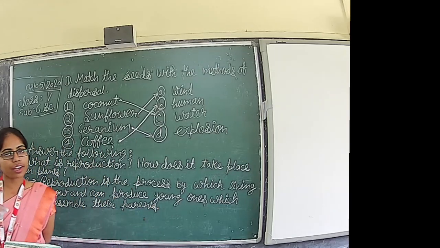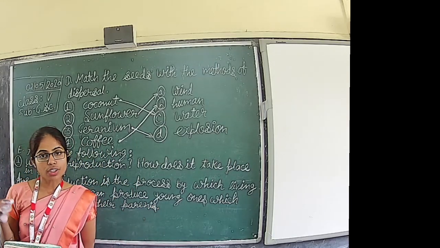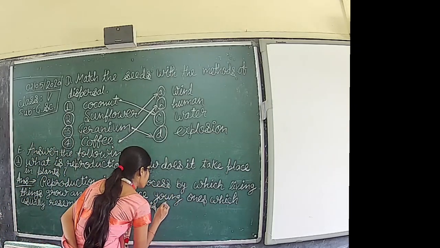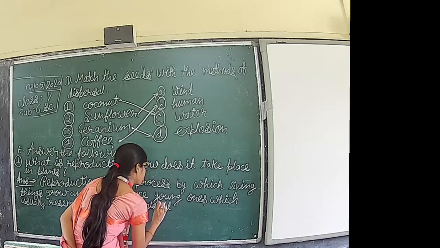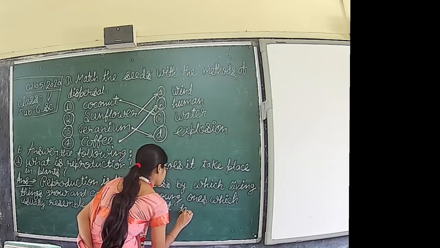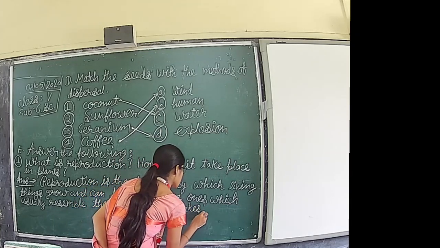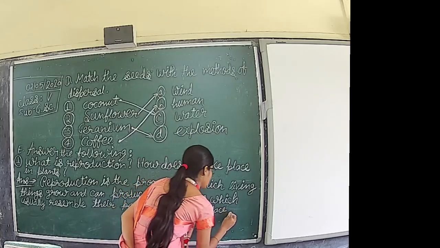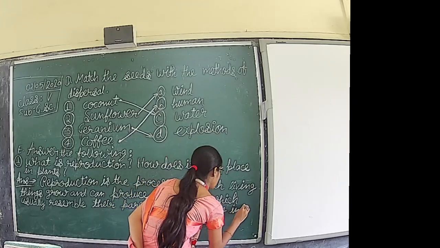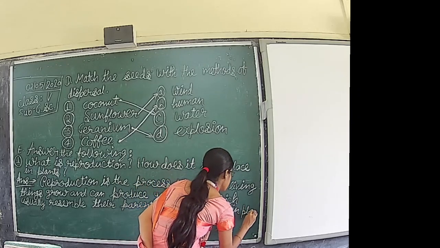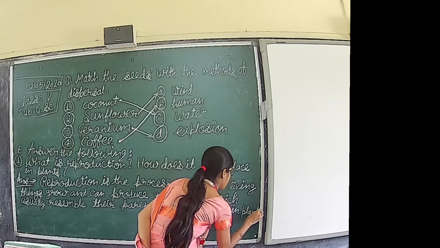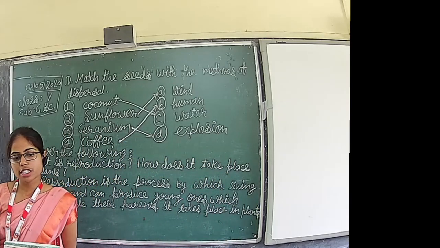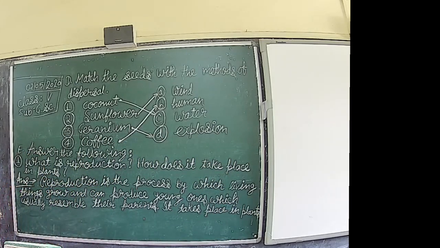Now we have to write for the second part. How does it take place in plants? Then we have to continue. It takes place in plants through seeds.